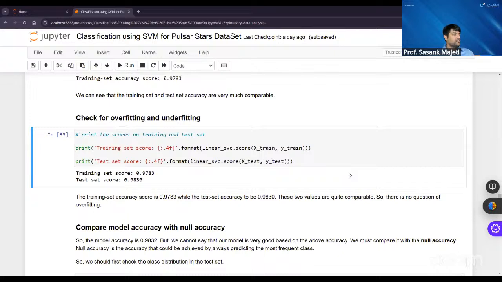If you see something like that, it is taking a hit on the testing part, so you can say that it is overfitting. But here, the training and testing are almost similar. So you can say that the data is not overfitting or underfitting. There is no problem of either.